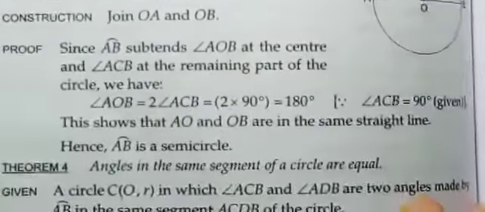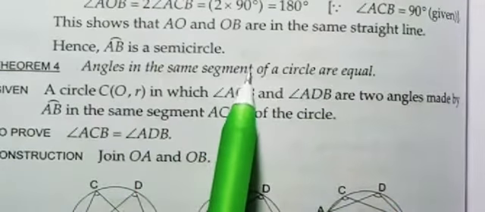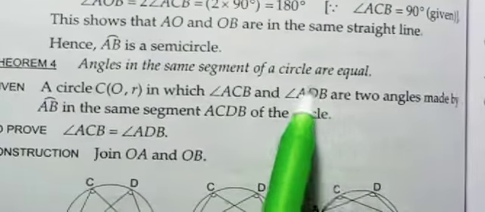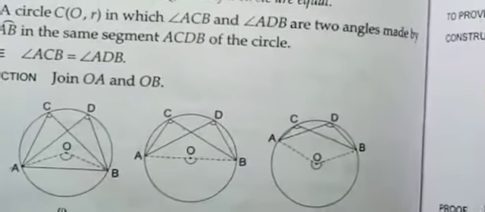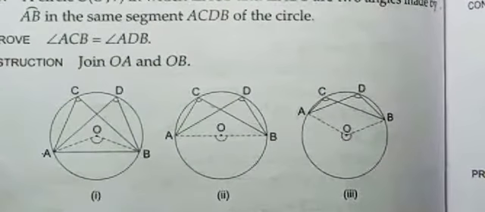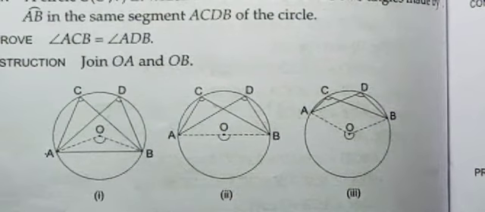Next, move to theorem 4. It is a very important theorem. Angles in the same segment of a circle are equal. Understood? So here are the different types of pictures: figure 1, figure 2, figure 3. You consider the first figure 1, then figure 2, then figure 3, and go through the proof.